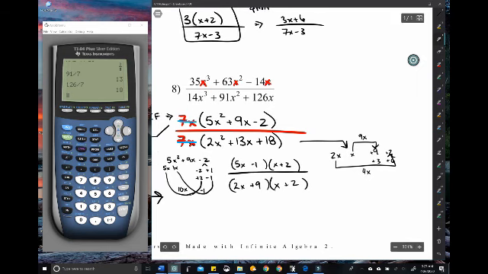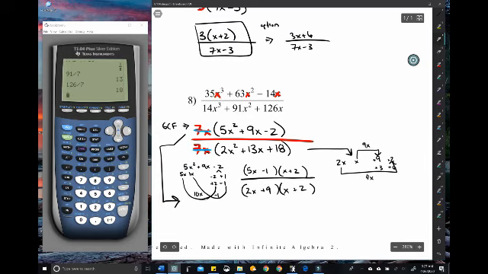In this particular case, so let's see what can cancel. The x plus 2's can cancel. Boop, boop. And that leaves us, for all that hard work, with 5x minus 1 all over 2x plus 9.